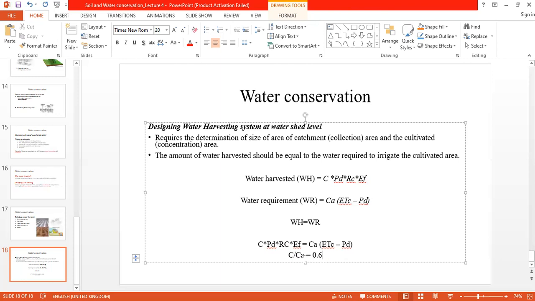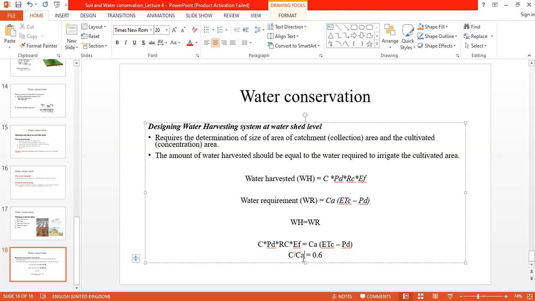So if this ratio is 0.6, it means that if you are given a total area, for example, we had 100 hectares, we are saying that this to this is 0.6.